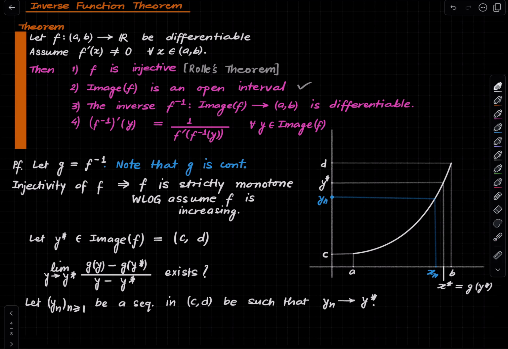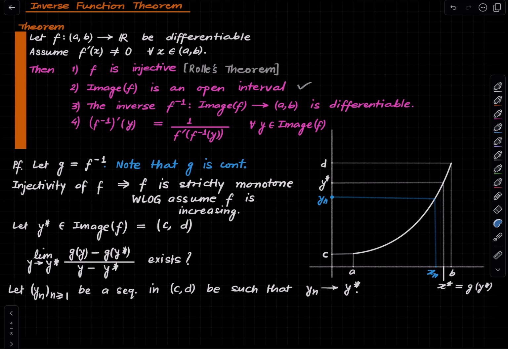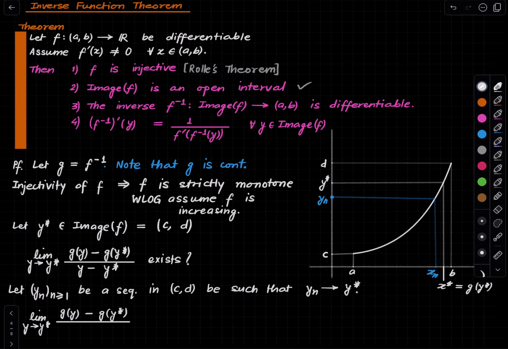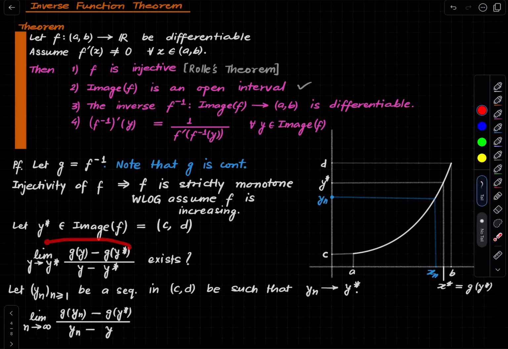Alright, and now we can just talk about this limit. There is just a lack of space, but I'll try to make space. So what is this limit? Let's talk about this limit where we use the sequence y_n. We wanted to understand the existence of this limit.